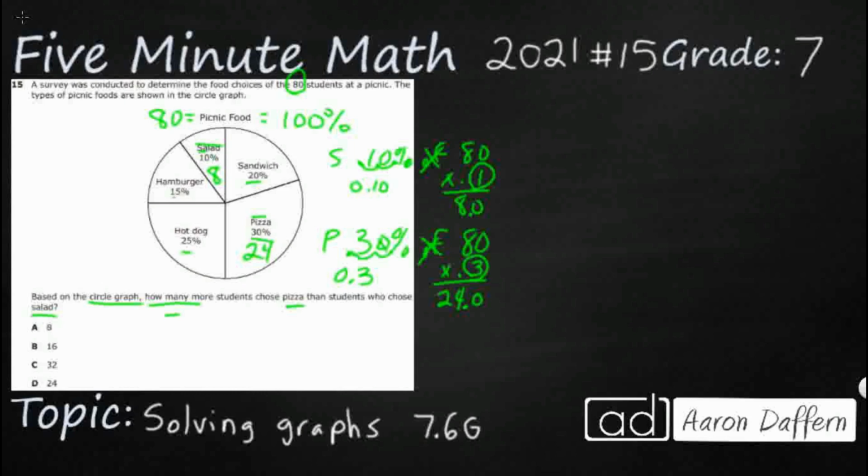I've already found this 8 and this 24. If I wanted to find this sandwich of 20, I could do 20% of 80, or guess what? 10% times 2. I'm going to multiply that by 2. I'm going to double it, and I'm going to get 20%. So if my 10% is 8, my 20% is going to be 16.